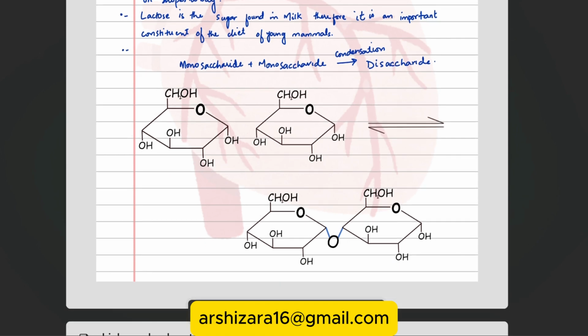Let's talk about maltose. What's happening here? Alpha glucose. How is it alpha? Because of the ring, and the OH is below the ring, so this is alpha glucose.